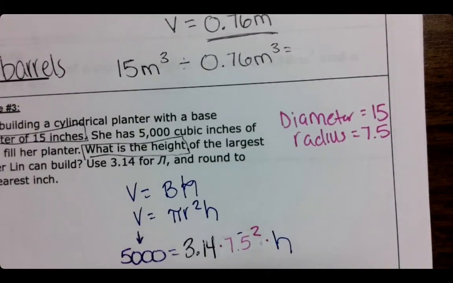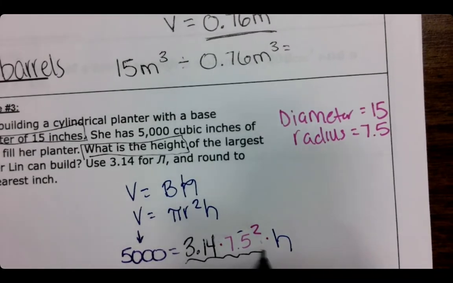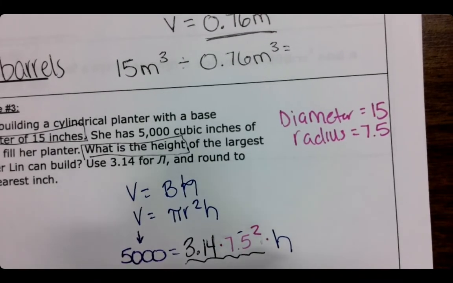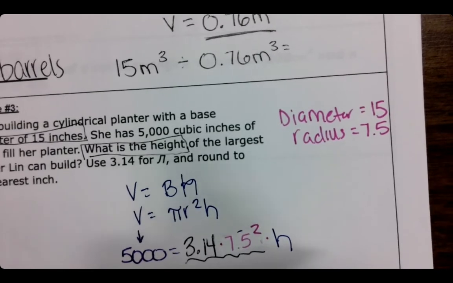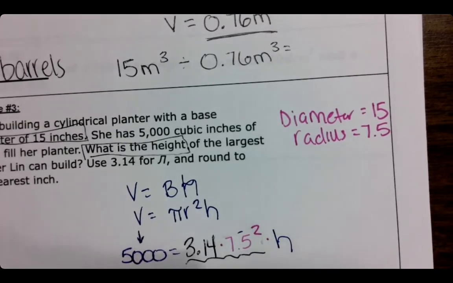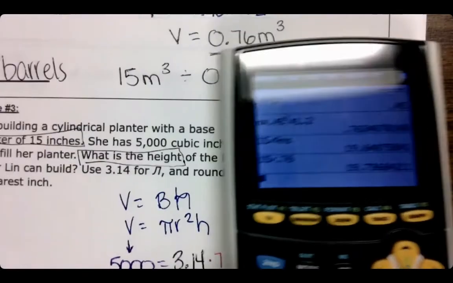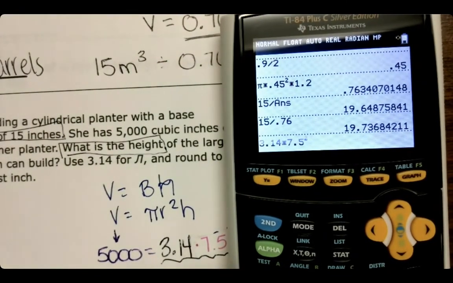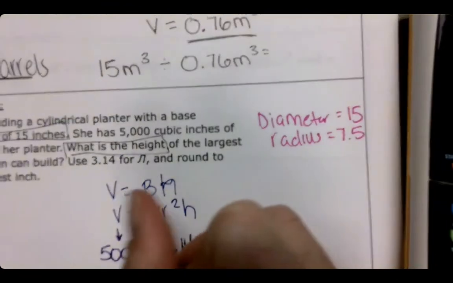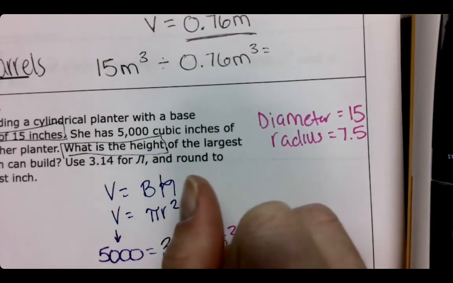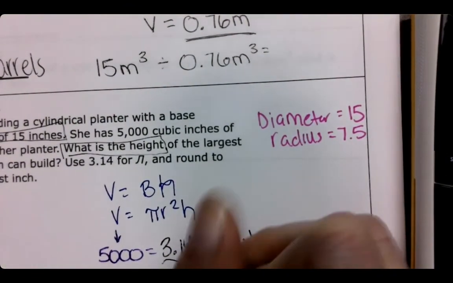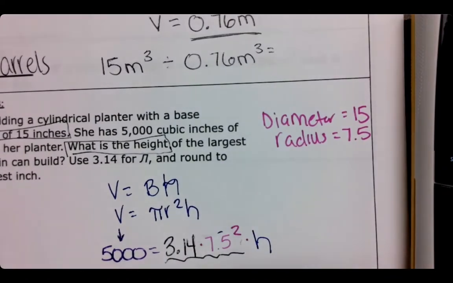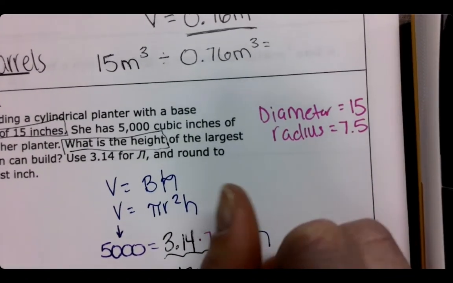So, let's figure out what all this equals. Okay? So, I'm going to keep my 5,000. So, 3.14 times 7.5 squared is 176.625. And then that is times h.